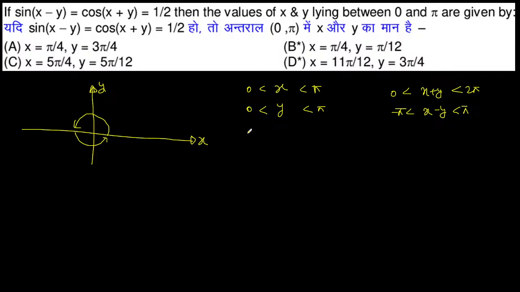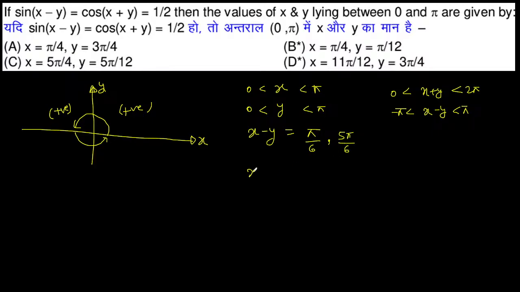Now what will happen? X minus y is equal to 30 degree. In this sign is positive, in this sign is positive. So we have 30 degree and pi minus pi by 6.